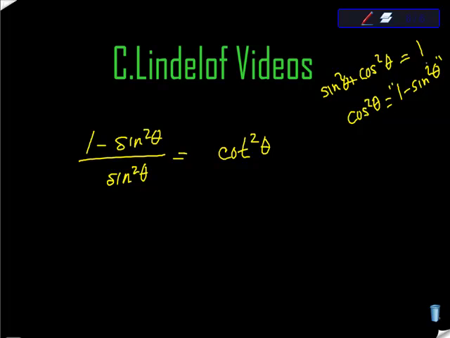This bit right here is this one, isn't it? So I can replace 1 minus sine squared theta with cosine squared theta. This is my solidus, same one. So sine squared theta at the bottom is equal to cotangent squared theta.